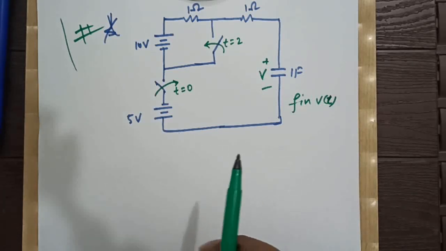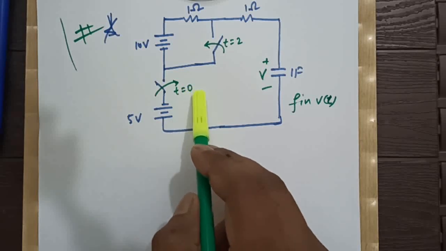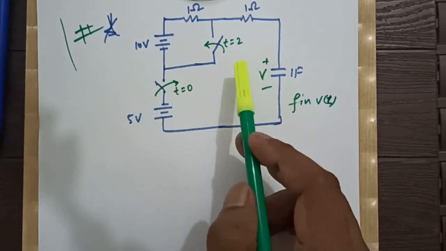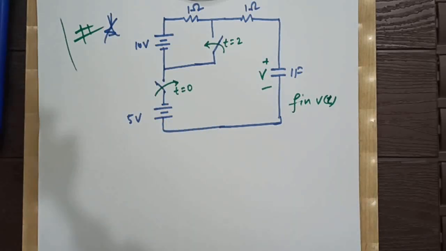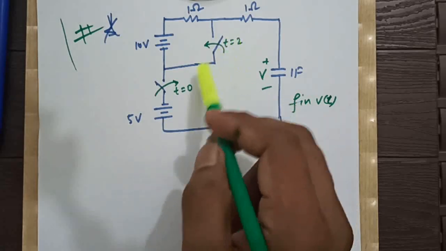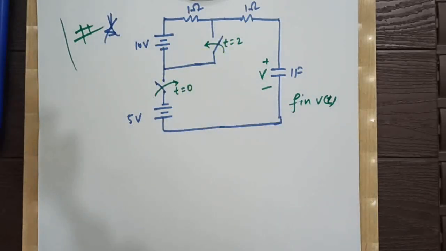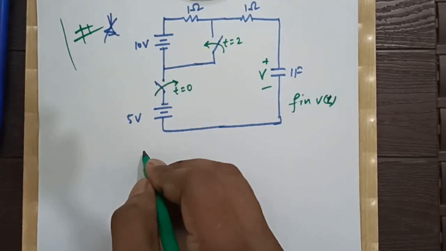Basically in this circuit we are introducing transient two times. First transient will occur at time t equal to 0, and the second transient will occur at time t equal to 2. Clear? And at the time t equal to infinity, the response will have the net effect of these two sources. Clear? So start analyzing this.